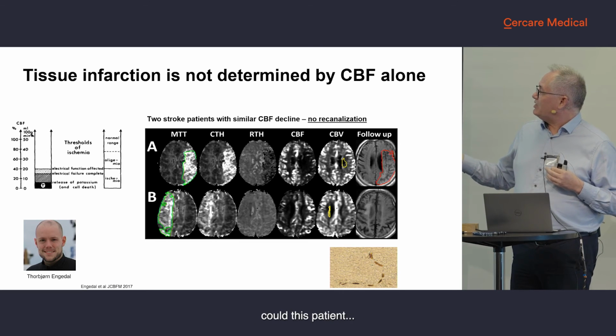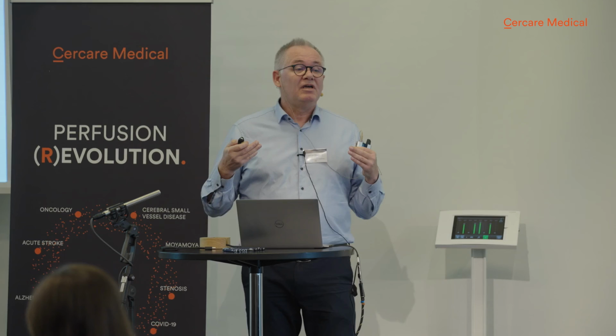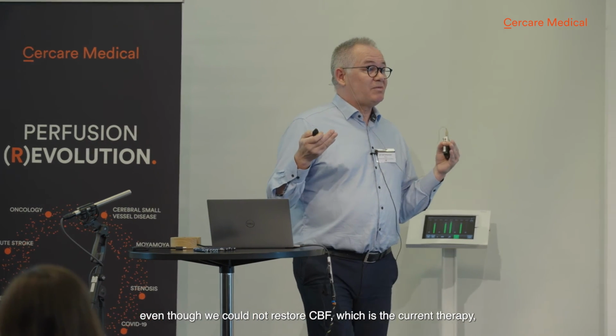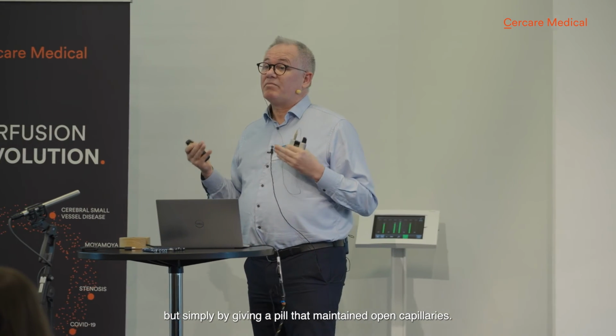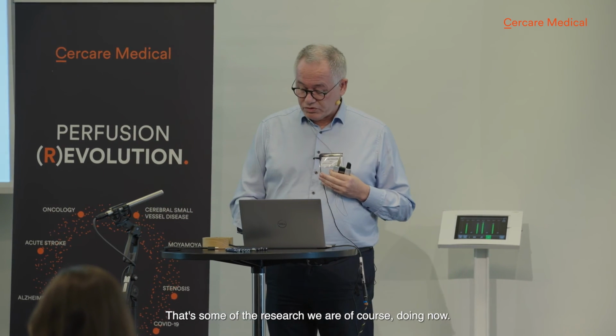Could this patient's tissue actually have survived, even though we could not restore CBF, which is the current therapy, but simply by giving a pill that maintained open capillaries? That's some of the research we're, of course, doing now.